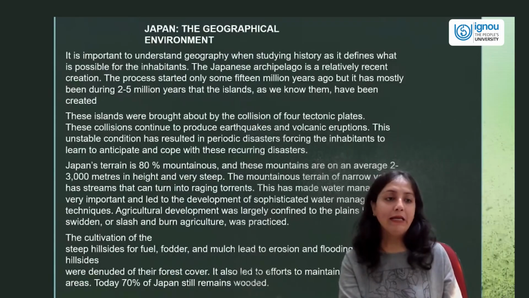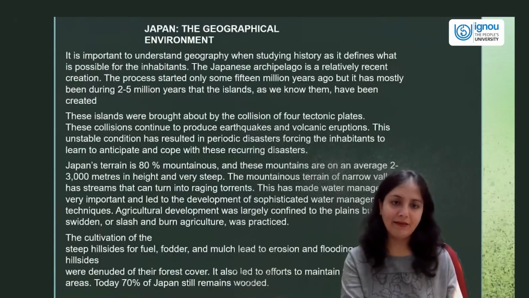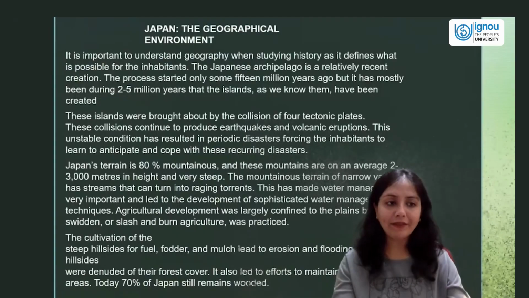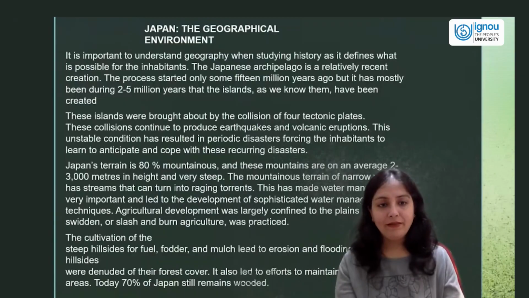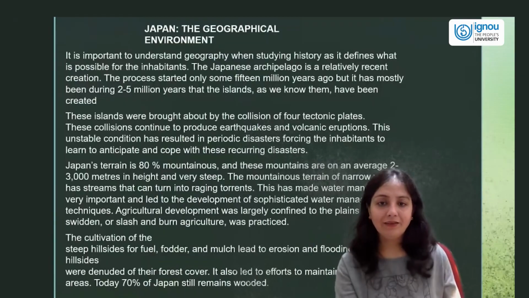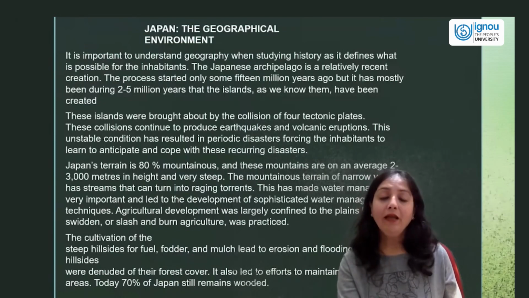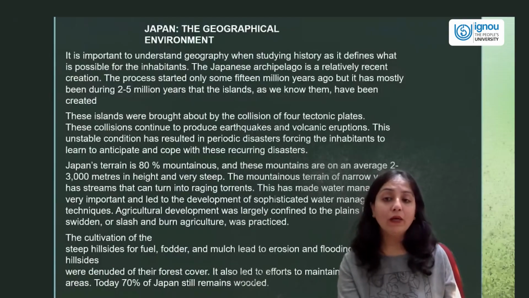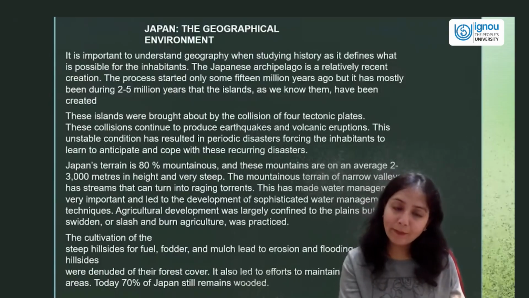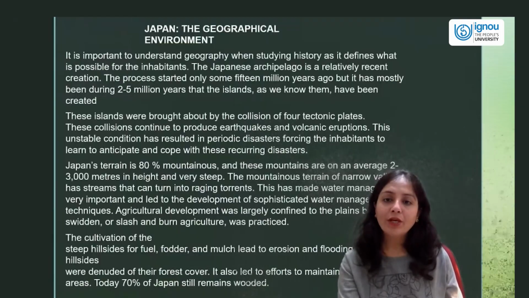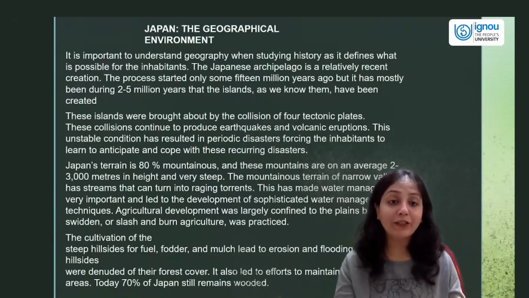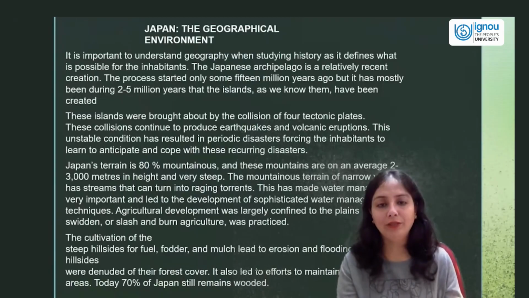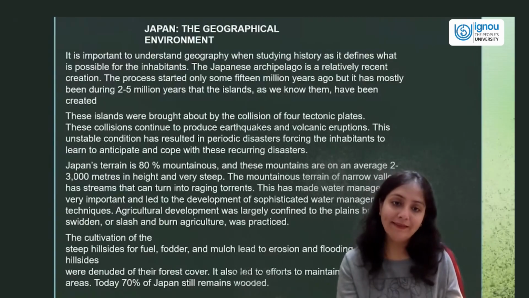This unstable condition has resulted in periodic disasters, forcing the inhabitants to learn to anticipate and cope with these recurring disasters. The disasters we are talking about are earthquakes and volcanic eruptions, produced due to the collision of tectonic plates. That is known as disasters.